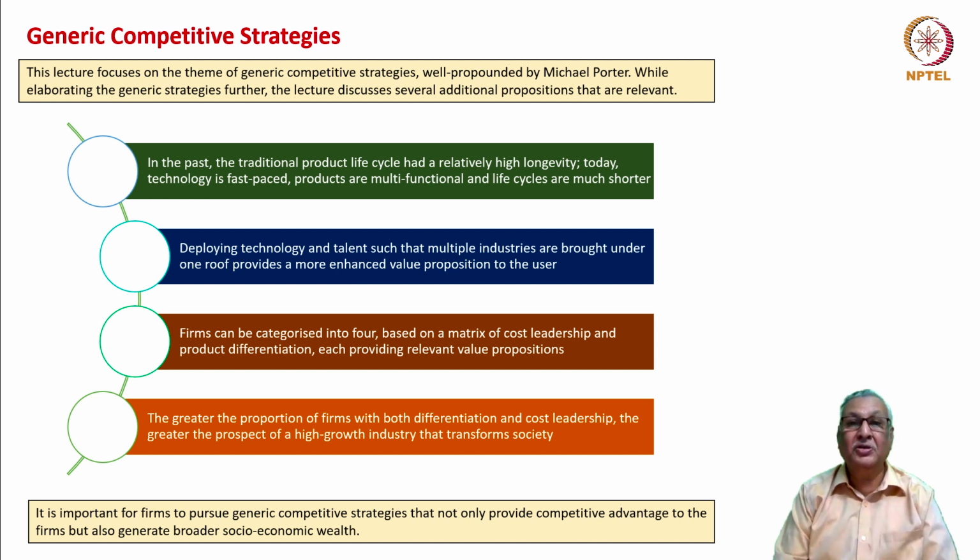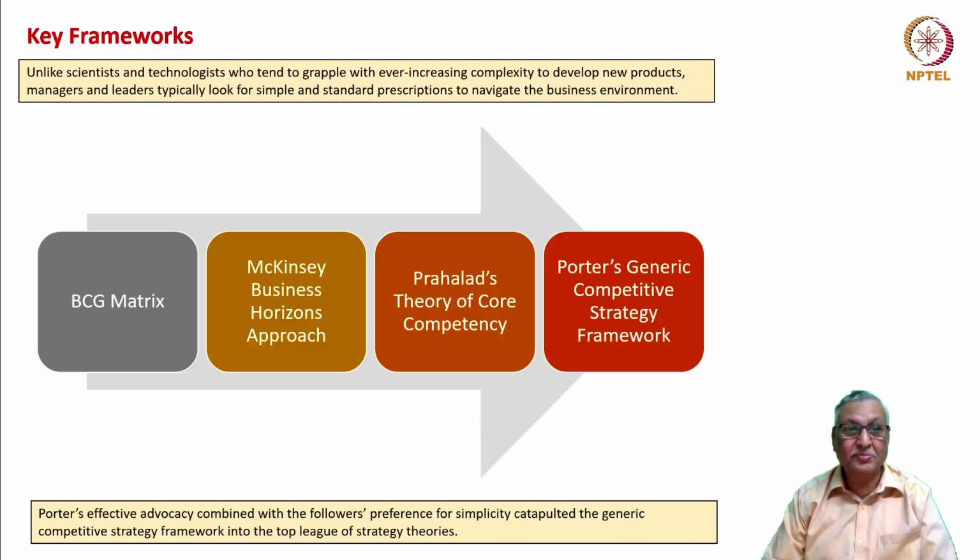Not only that, it will serve the society and the marketplace in a much more effective manner. It is therefore important for firms to pursue generic competitive strategies which not only provide mere competitive advantage over other firms but also contribute to the broader socio-economic wealth.